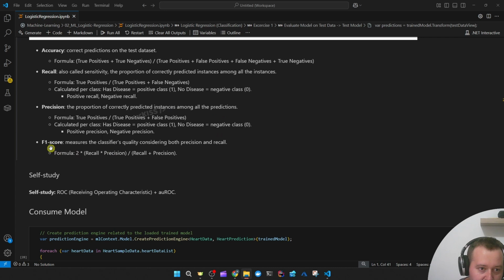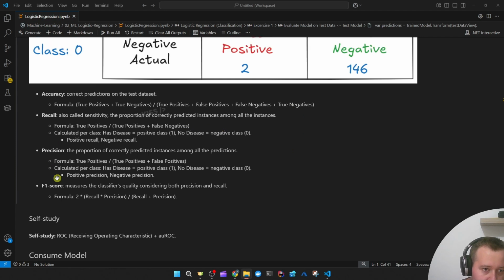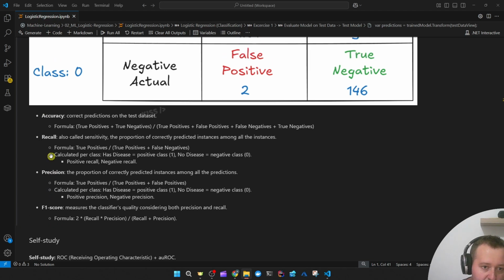F1 score measures the classifier's quality considering both the precision and the recall. So basically, 2 times the recall times precision divided by recall plus precision is the formula to get the F1 score using the precision and the recall values. Yeah, you just want to have the precision, F1 score and accuracy as high as possible.